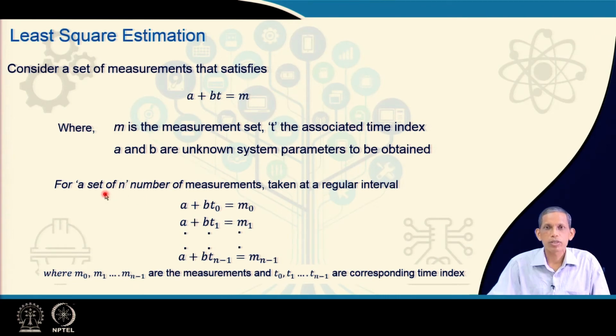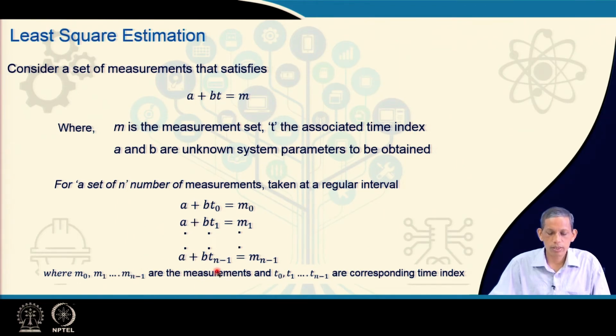For each measurement and its associated time, we can write for the system: a plus b t 0 equals m 0, and at time index t 1, a plus b t 1 equals m 1, and like that. So, we will have a set of n equations.